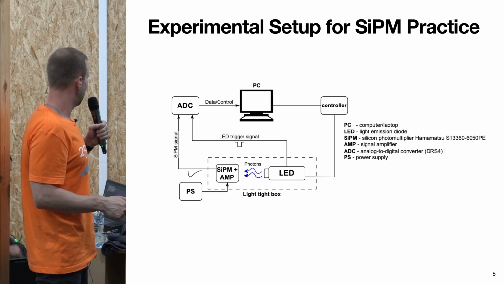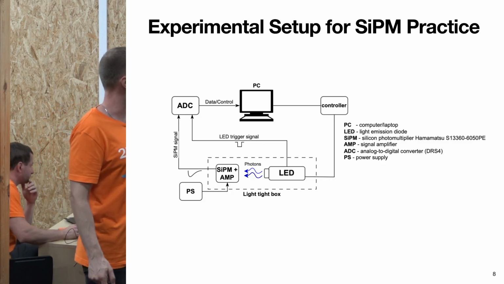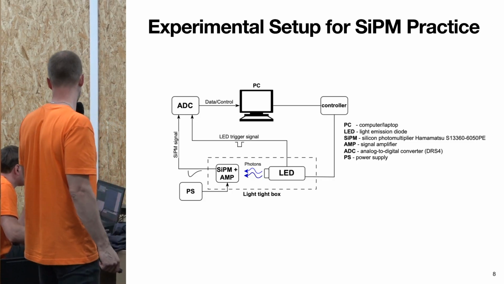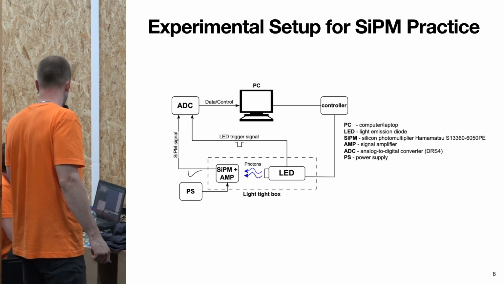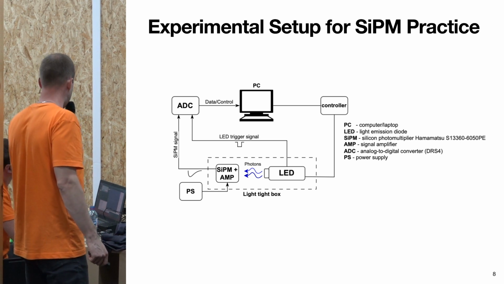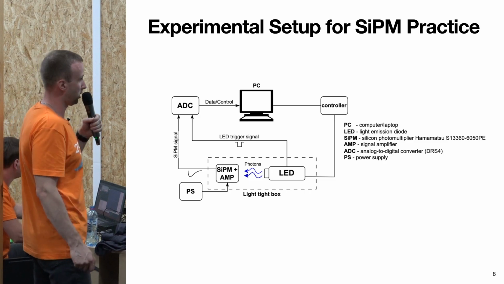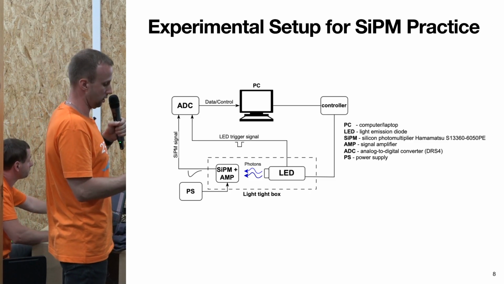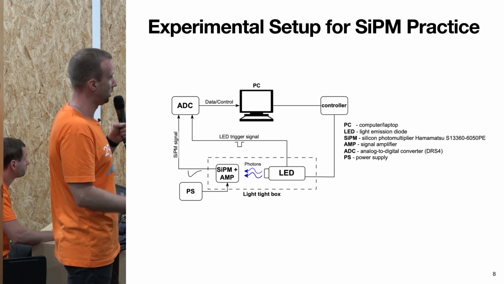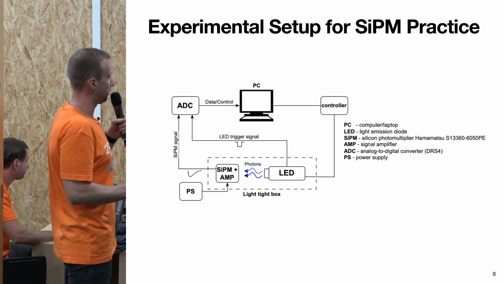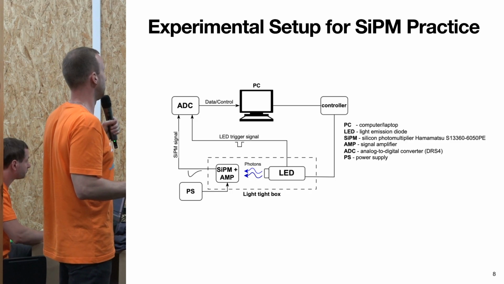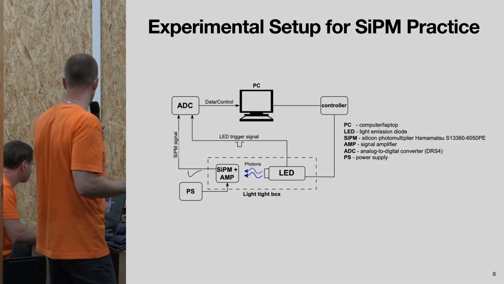So now we can proceed to the practice, and Alexey is going to show us the screen of the software which allows us to control the ADC and save our output signal on the computer.